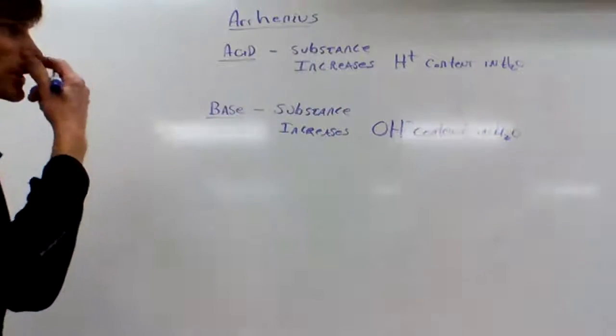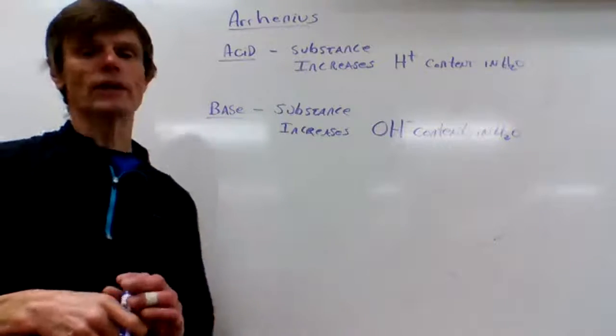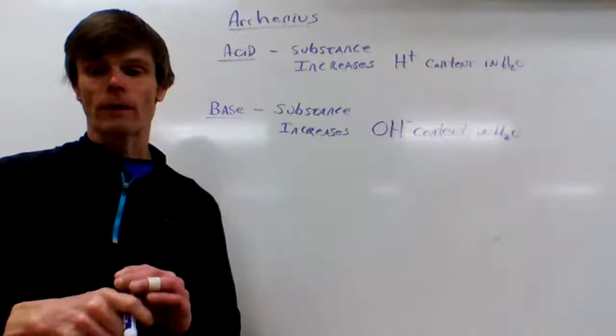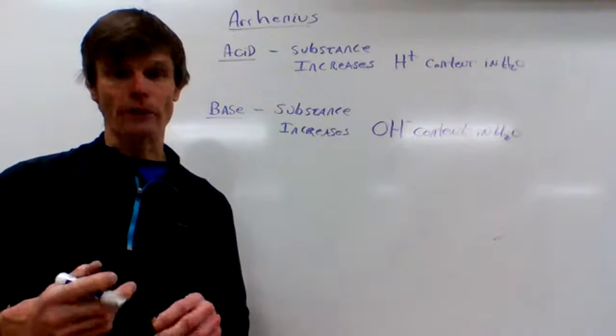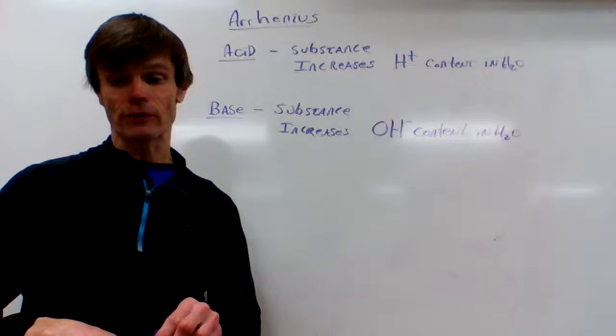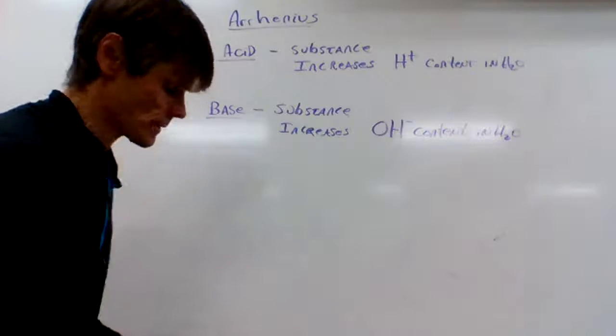For our discussion on aqueous phase solutions, this is a really good definition because it focuses on water. But we do have a broader definition that you'll learn better about in the second semester of Gen Chem, and that's what we call the Bronsted-Lowry theory.